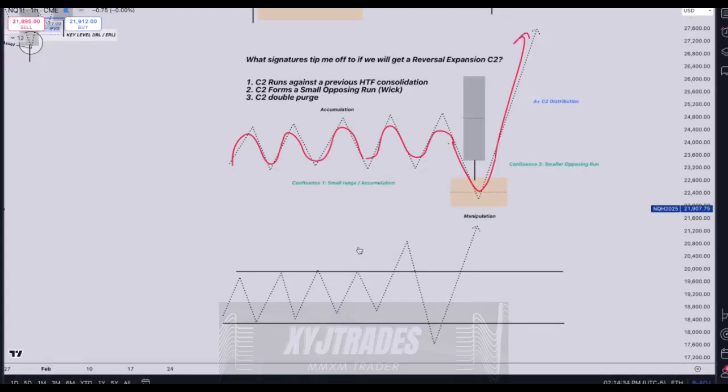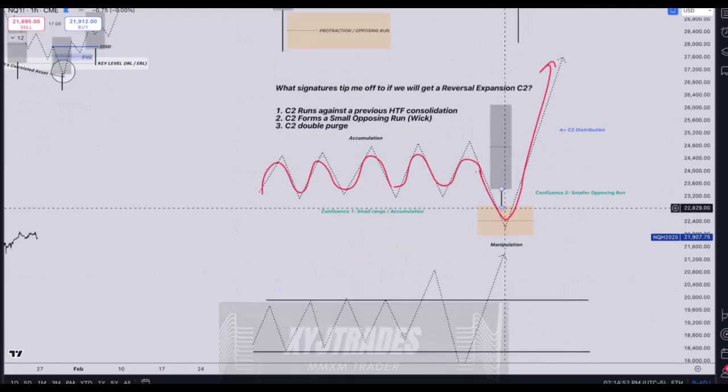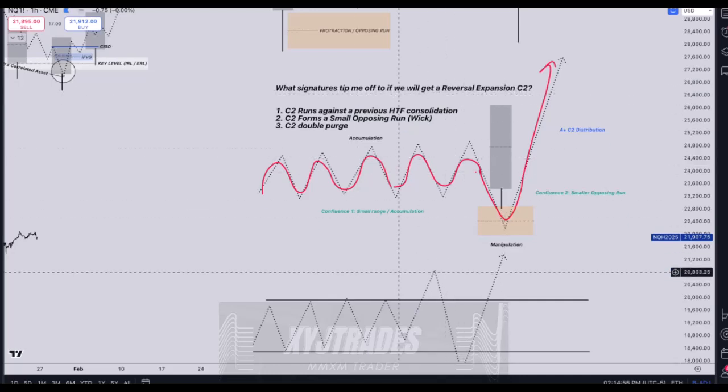A double purge might give us an indication that a large move is coming, and that was based on some information I learned from the most recent MXM Trader course, right? Always updating and building my model around other great educators. So this is something that's recently introduced. Now look for that before candle 2 forms its low to see if we potentially run the high with a shallow raid.